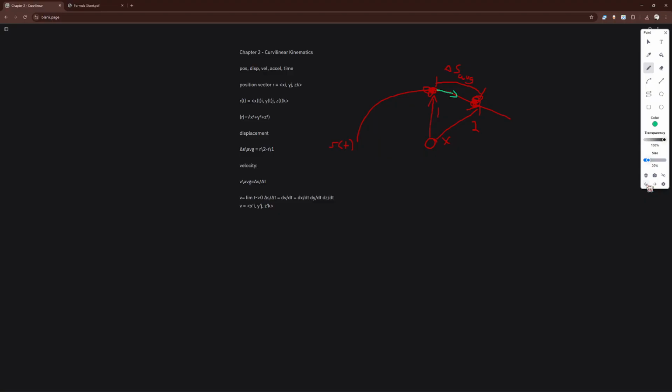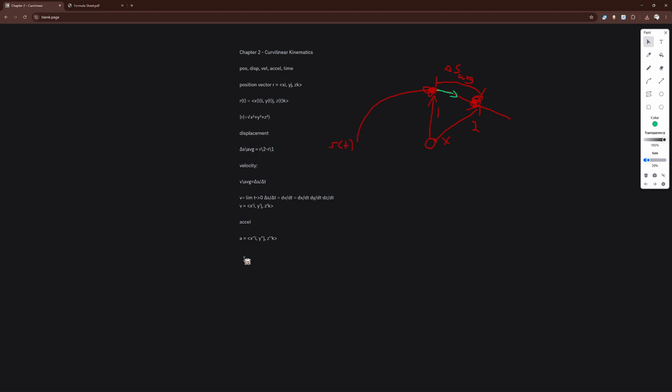And then acceleration will be exactly the same thing, just this but double prime. So let me just copy this. It's this formula, but we just add on another prime to everything.